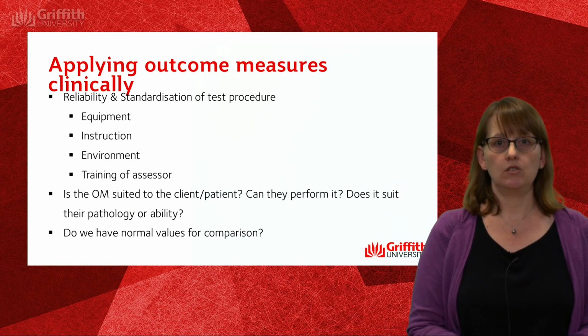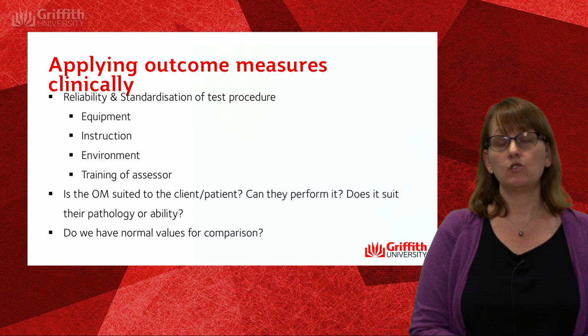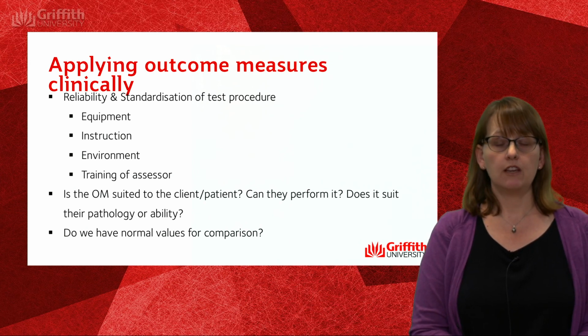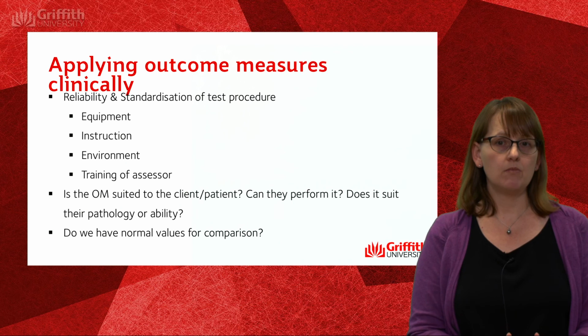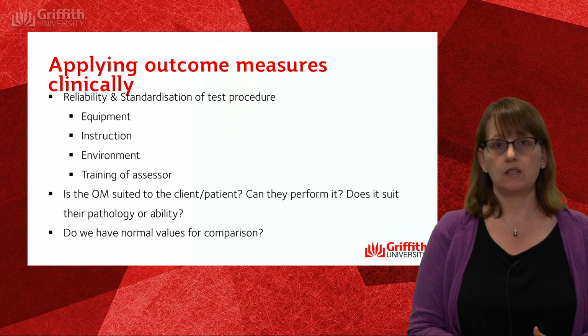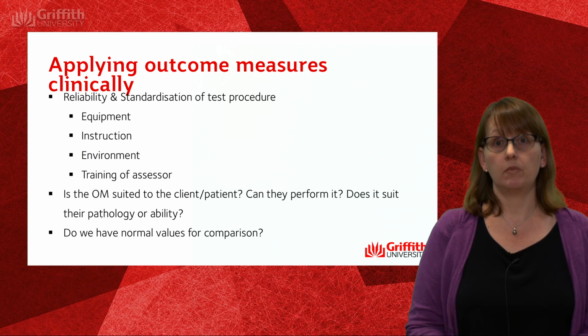And does it suit their abilities? And the other things to think about is, do we have some normal values to make comparisons to? Because if we're just getting a set of numbers or a set measurement, how are we then going to interpret the results of these measures? And that's where having normal values to compare to is really important.